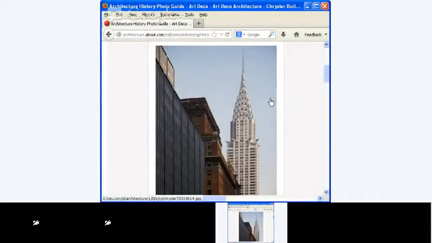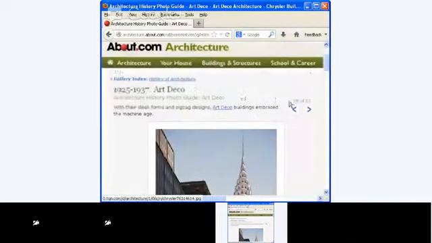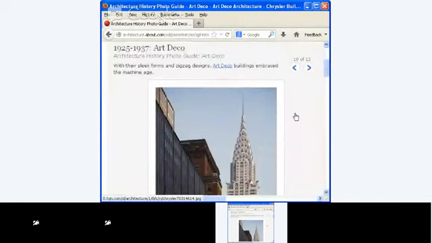Art Deco, yeah. It's really quite a beautiful building just to look at. Very sleek, zigzag designs, kind of cool looking. Art Deco is supposed to represent the machine age, a machine-driven society.